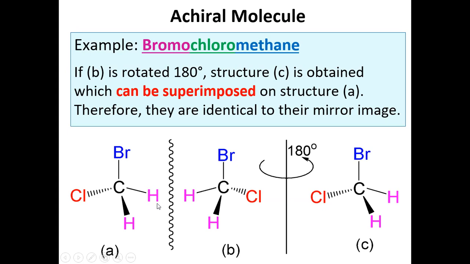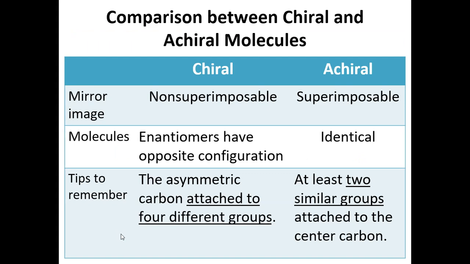The first thing you identify is the atoms: we have 2 H on the same carbon. A and B are mirror images. When we rotate B by 180 degrees, it becomes C. So C and A are mirror images, and they can be superimposed, or we call it an identical mirror image.